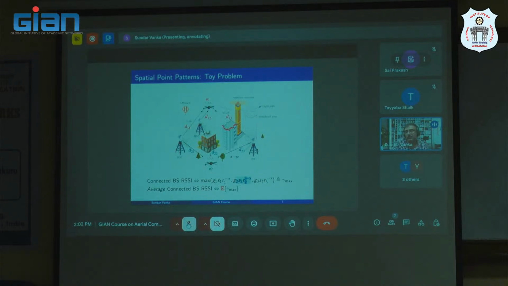So the question that I would ask is, what is the average RSSI that these base stations can support? Which means there is some kind of mathematical expectation. This is the expectation that I need to do. But the question is over what? There is some expectation there, but I don't know what I will find the expectation on. Any guesses what I should find the expectation on?